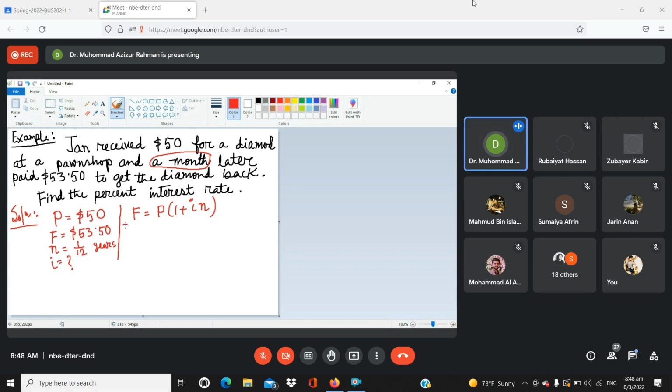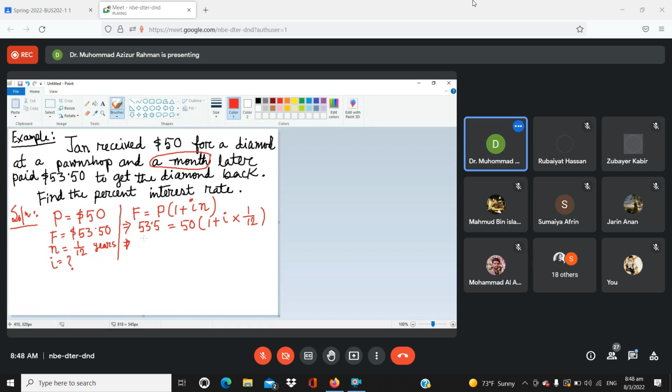So let's put it here. F equals 53.5 equals 50 times (1 plus I into 1 by 12).